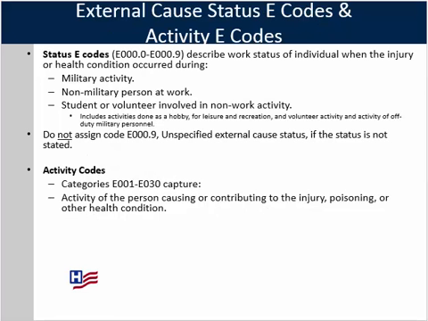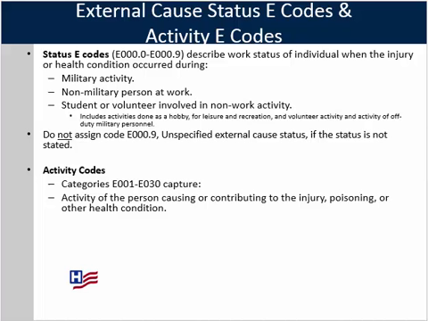A code from category E000, External Cause Status, is assigned to indicate the work status of the person at the time the injury occurred. A code from E000 would be assigned with other external cause codes such as transport accidents and falls. E-codes are always used as additional codes, never as the principal or first-listed diagnosis.